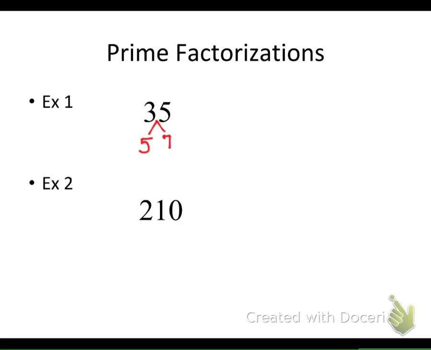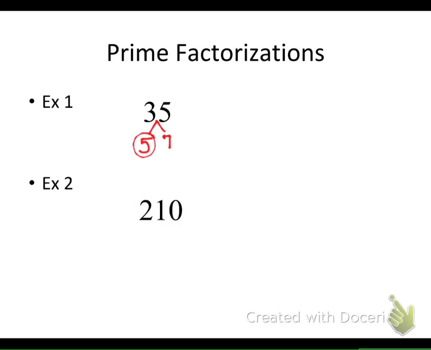So I go down to my first side, 5. Can I factor 5 other than the number 1 and 5 itself? What two numbers can I multiply together to get 5? 1 and 5. But if I did 1 and 5, that's going to keep going and going, right? So 5 only has 2 factors, which means it's a prime number. So I'm going to circle it.